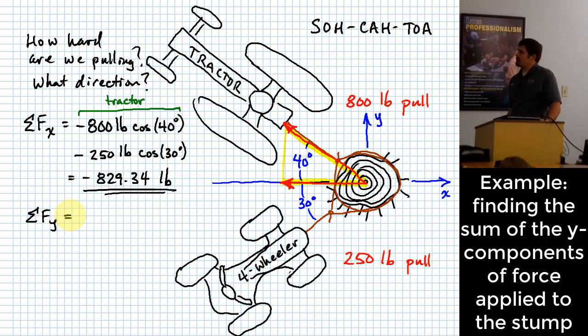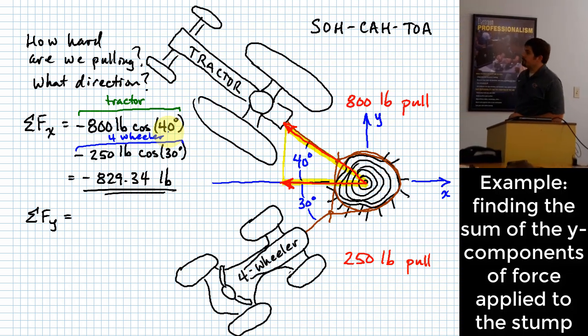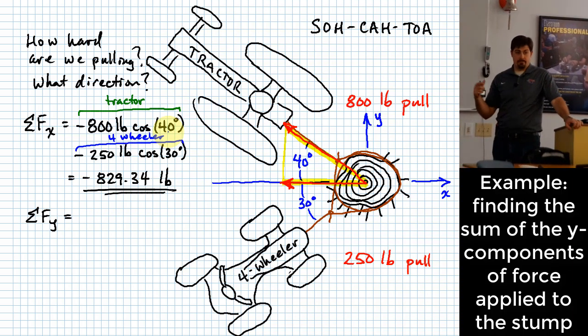We'll start with the tractor again. Okay, maybe I'll put that note over here. This much right here is the four-wheeler. So the four-wheeler and the tractor together, what's the negative? Right now we are just picking off the x components.